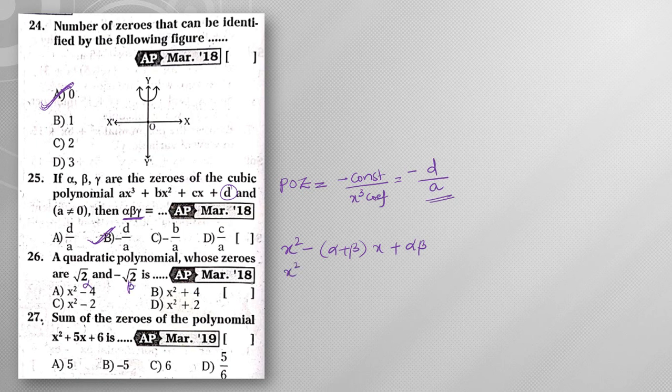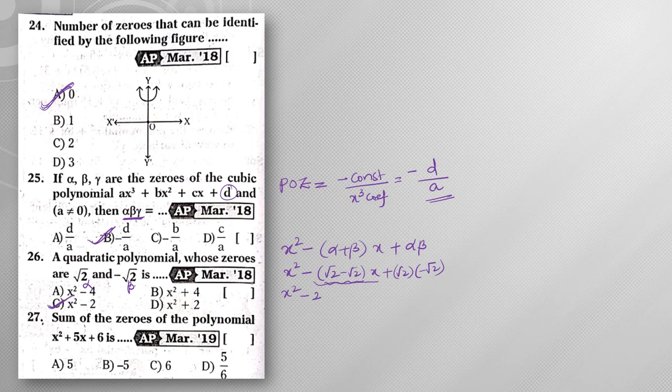So when you substitute, what I am going to get? x square minus of root 2 minus root 2 into x plus root 2 into minus root 2. Then root 2 minus root 2 is 0, so this whole term will vanish. Next, root 2 into minus root 2 is minus root 2 whole square, that means minus 2. So the answer is x square minus 2.